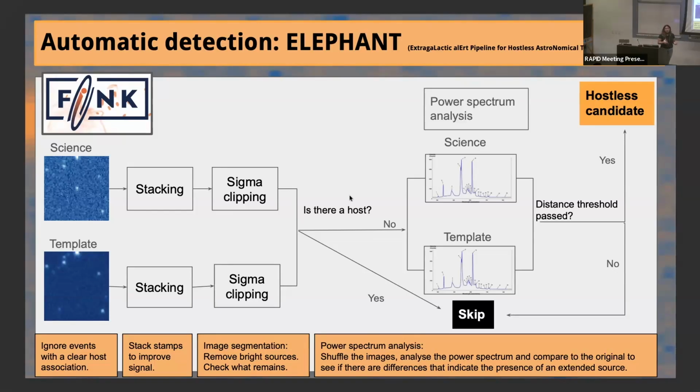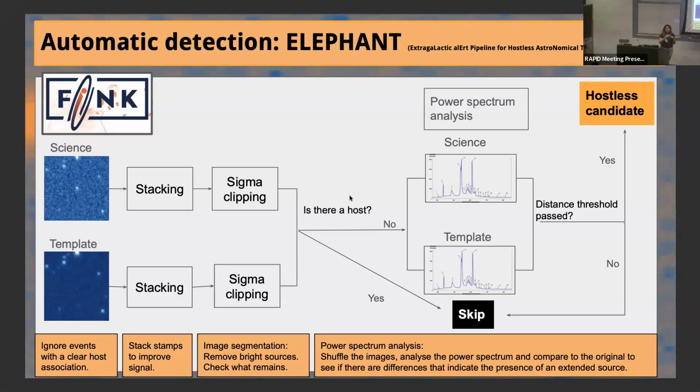And if there is no host galaxy in the sigma clipping, we say, okay, are we sure this is hostless? Well, we don't know, so let's study the Fourier transform. So we convert the template into Fourier space, and we analyze the power spectrum, and then we shuffle the pixels in the template, and we do this again, and we shuffle again, and we do this again. And then we measure the distances between the distributions.